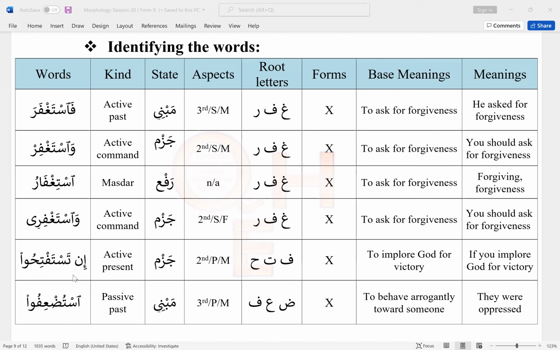Okay, next one, in tastaftihu. In is a jazm particle, and this is obviously coming from present tense. The noon got dropped because of this particle. If I bring the noon back in my mind, then it will be una. So if I have ta at the beginning and una at the end, that's corresponding to second person plural male.